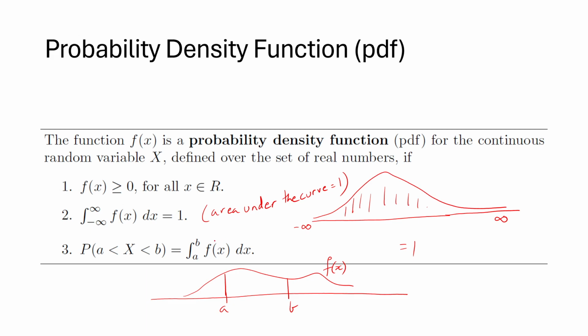So whatever function you're given, you have to just integrate it from a to b. So basically you're measuring the area under the curve from a to b. Clear? Just keep this diagram up.